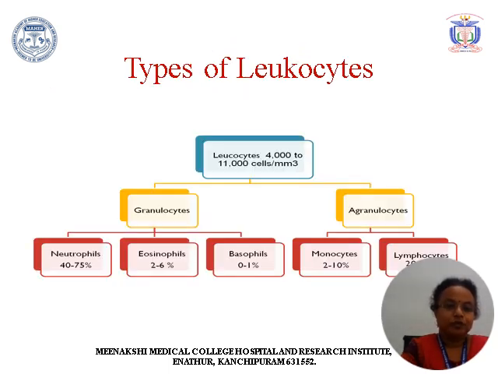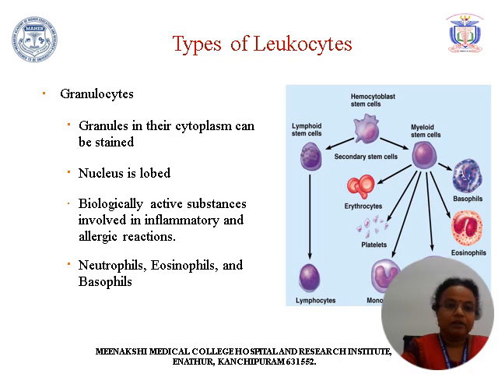Coming to the types of leukocytes, based on the presence or absence of granules, leukocytes are broadly divided into granulocytes and agranulocytes. In granulocytes, granules are present in the cytoplasm and can be stained. The nucleus is lobed, and the granules are biologically active substances involved in inflammatory and allergic reactions.